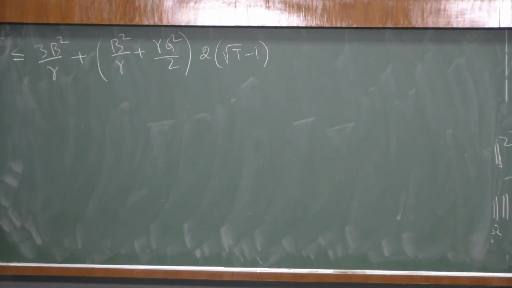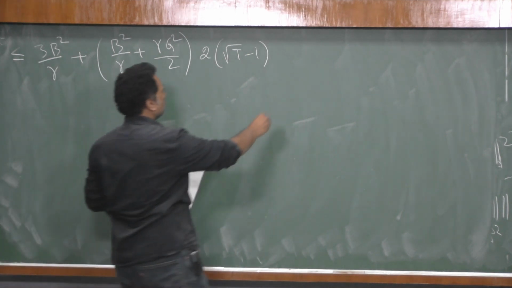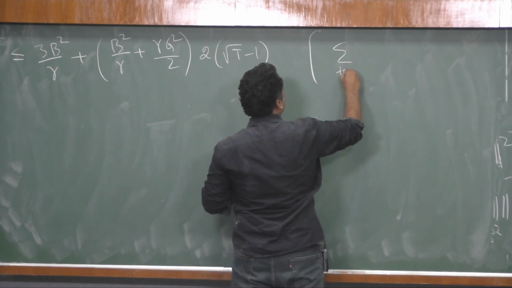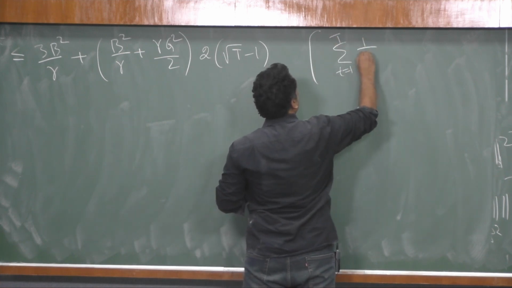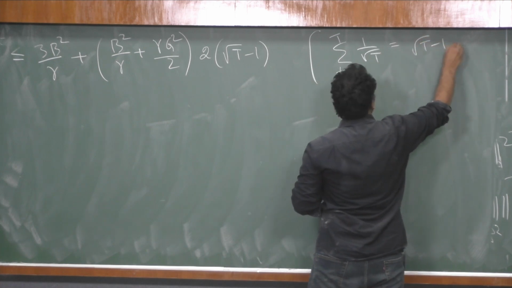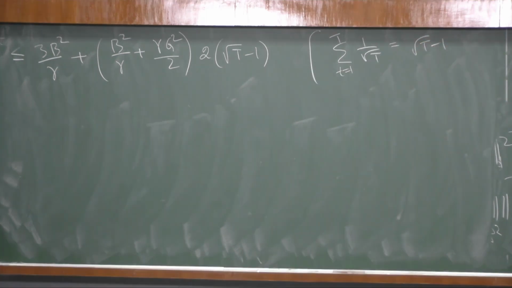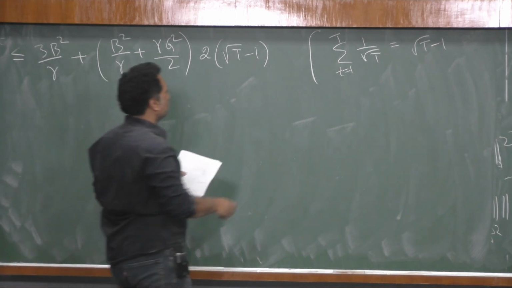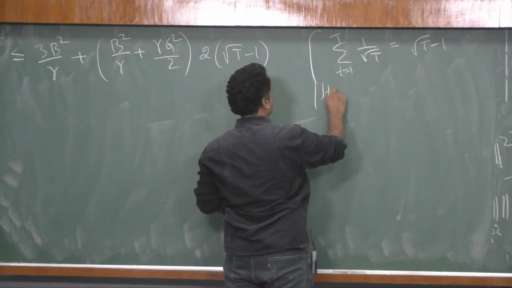So you can verify all this. The sum from t equals 1 to t of 1 by square root of t is bounded by square root of t minus 1. This comes from the integral bounds that we have used before as well. A further hint is worth giving here.